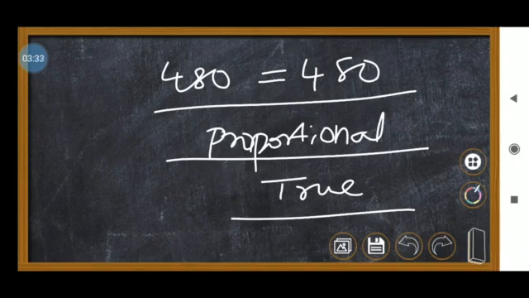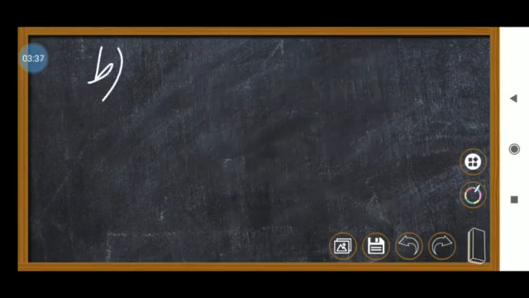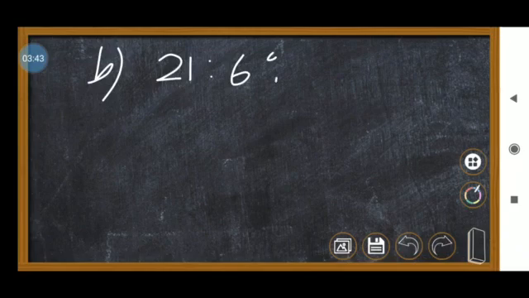This is the kind of thing we have to analyze. The second problem, B: 21 is to 6 is proportional to 35 is to 10.